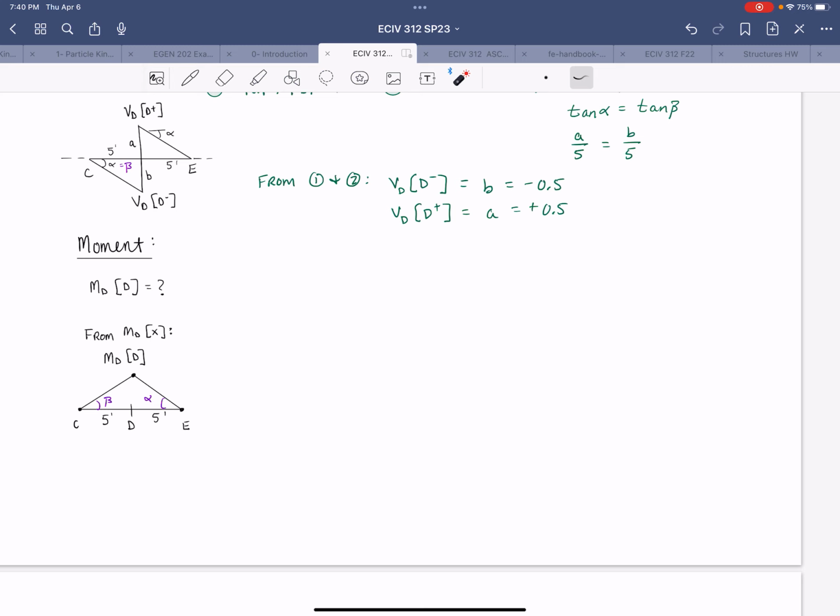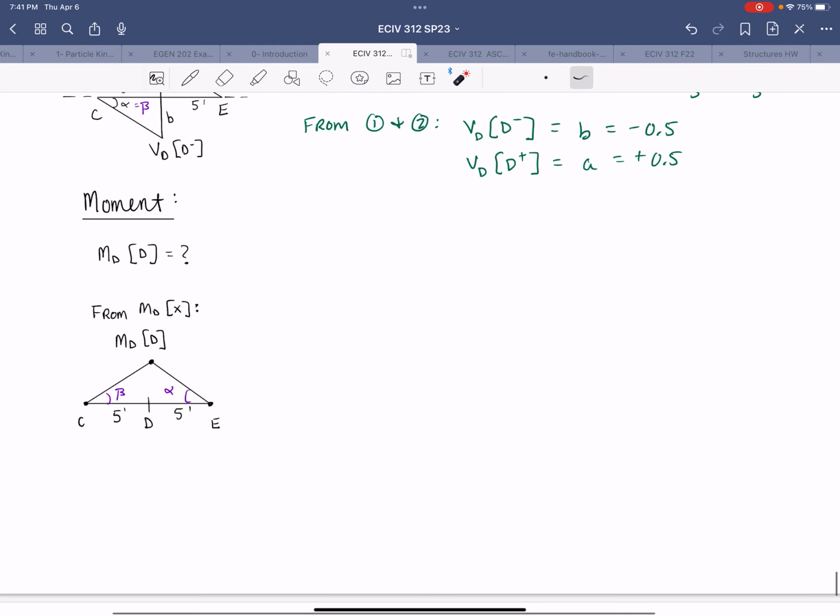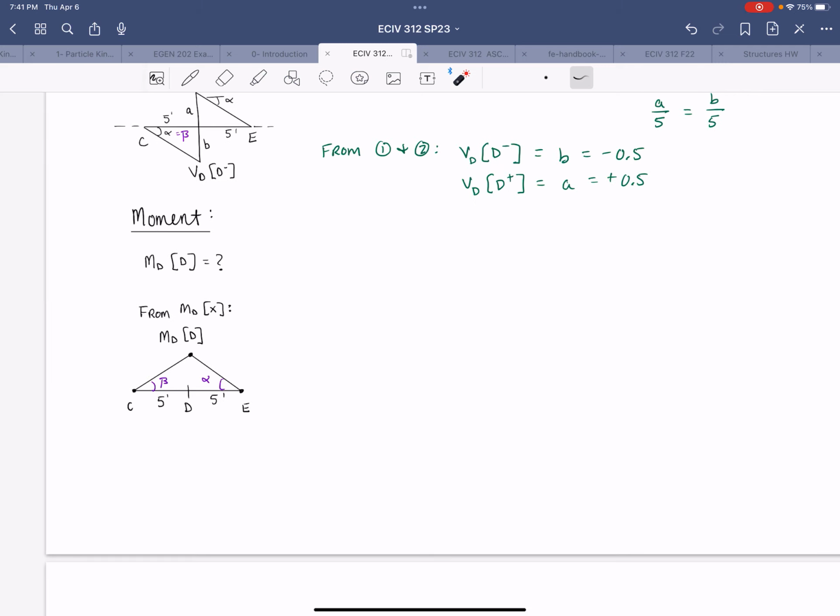All right, then for moment, again, I have the location of interest resketched here. So we're just going to find first the value at D, and then once that is found, you can go on and use similar triangles to obtain the remaining values.